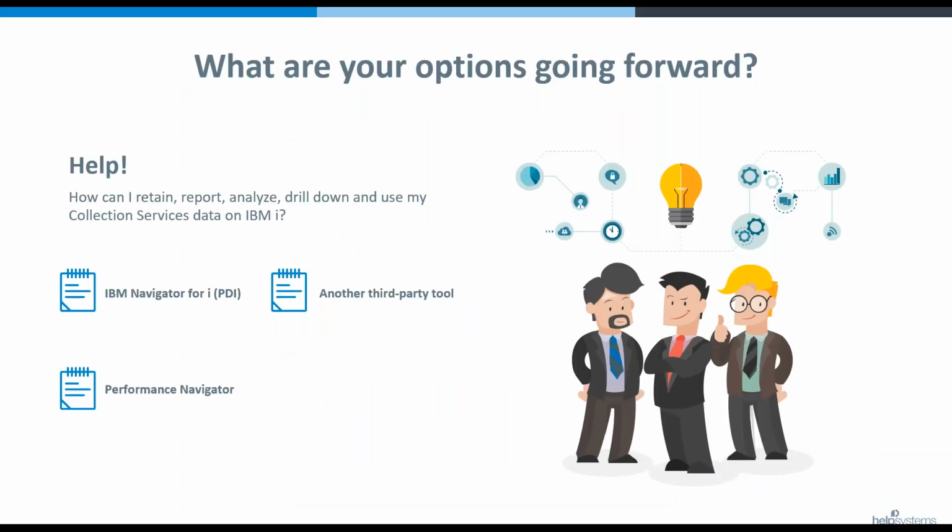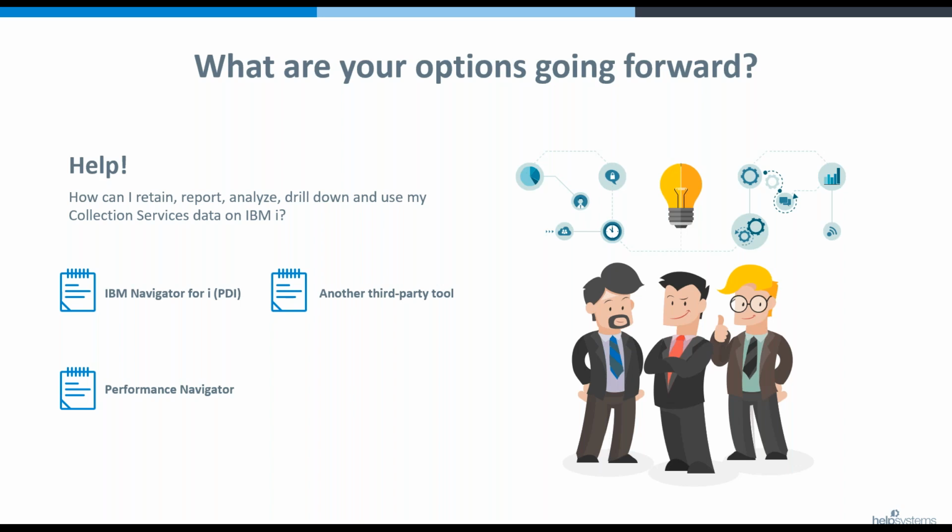So really, what are your options going forward? What used to be a pretty much fully automated service in PM400, where you probably did very little other than take an occasional glance at the reports, now, as I see it, gives you three options. You've got IBM Navigator for i, the browser tool that IBM kindly provide, another third-party tool, and Performance Navigator, which we're going to share with you today.